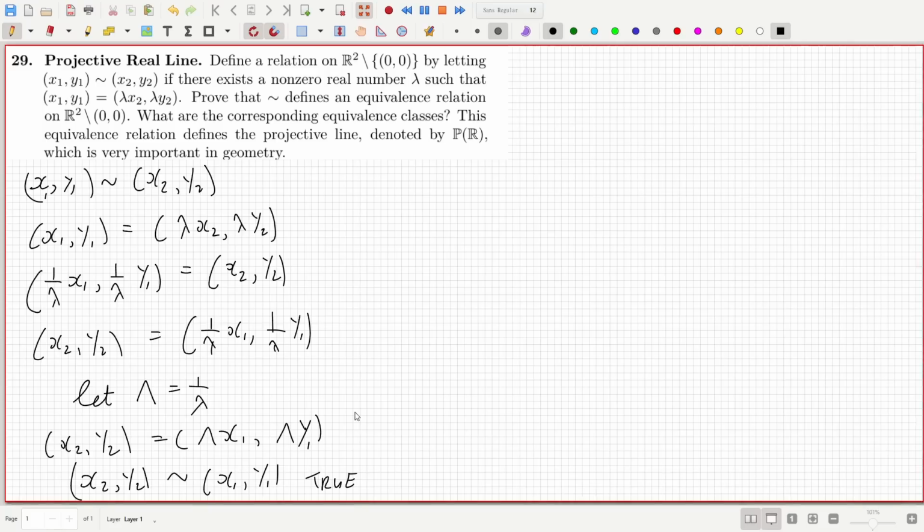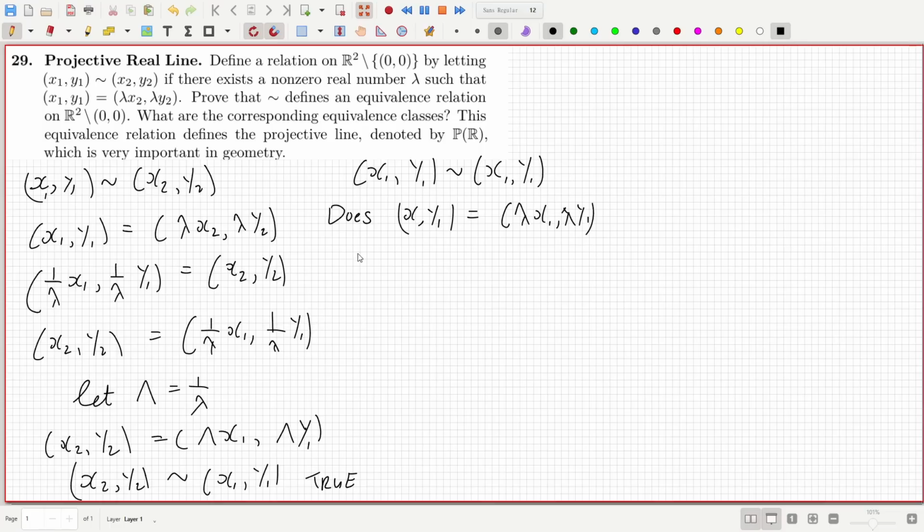That's the symmetric one, sorry, not the reflexive one. Let's check the reflexive one. Is (x1, y1) equivalent to (x1, y1)? Well, does (x1, y1) equal (λx1, λy1)?